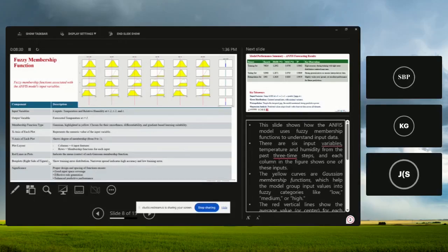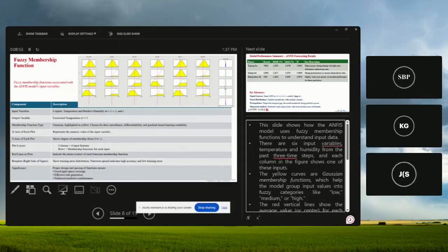For the plot layout, we have six columns, which means the six data inputs that we have, and the rows are the memberships. The red line indicates the mean, the center of each Gaussian membership function. The box placed on the right side of the figure shows the training error distribution.